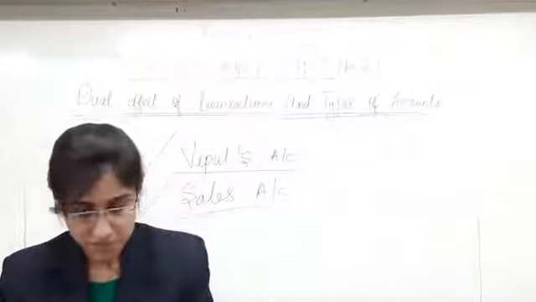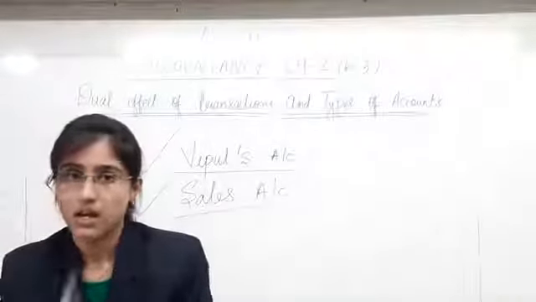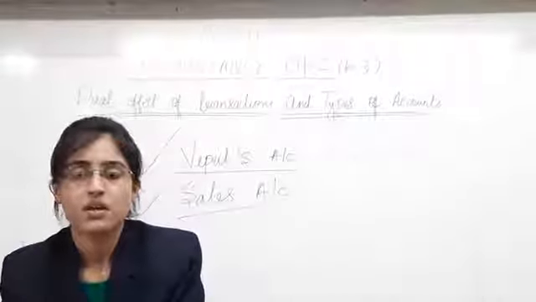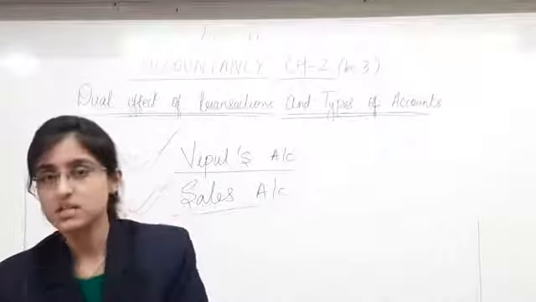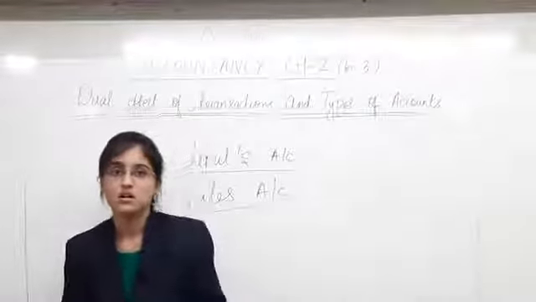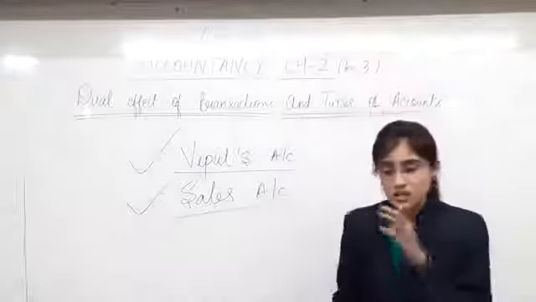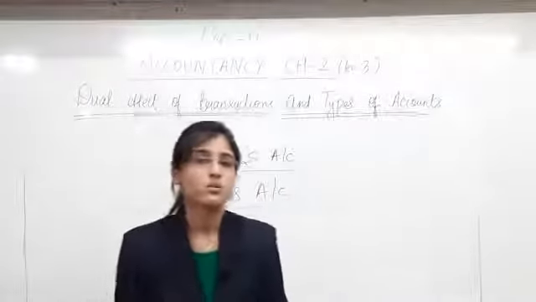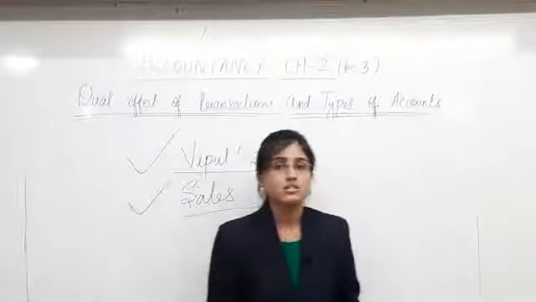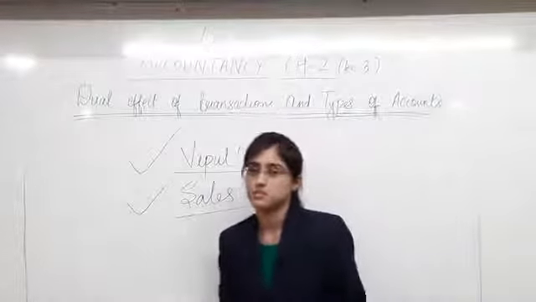Fifth transaction. Goods sold worth rupees 2,000 for cash. Now this is an important transaction to understand. Firstly, this is a cash transaction. While understanding the identification of cash transaction, there was an important point that cash account will definitely be affected here.